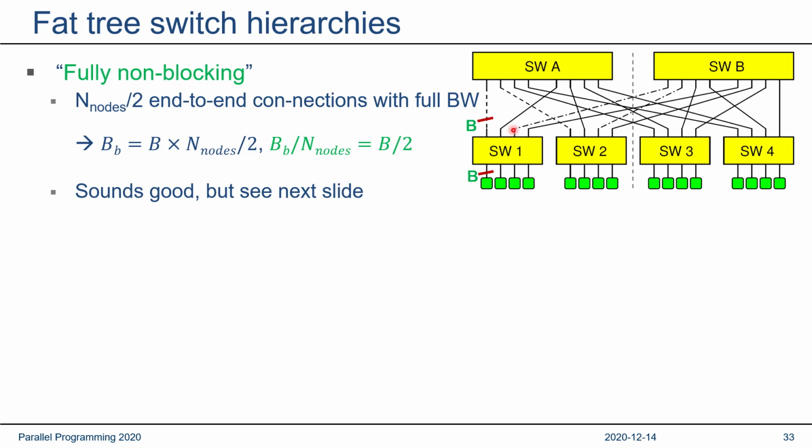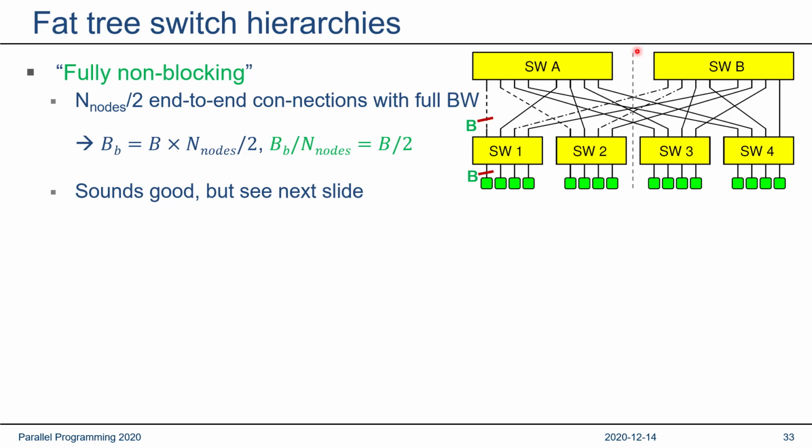Each single switch is a non-blocking crossbar with 8 ports. You see that 4 of the 8 ports of each leaf switch are connected to nodes, and the 4 remaining ports are connected to the spine layer. This means that the same number of connections that goes to the nodes also goes into the connections to the other leaf switches. This is why it's called fully non-blocking, because the same bandwidth is available in the direction of the nodes as in the direction of the rest of the network.